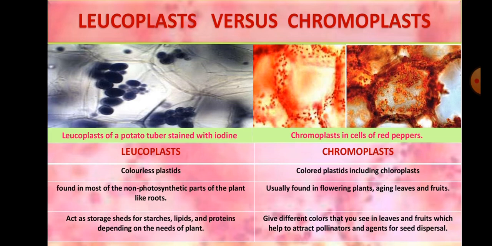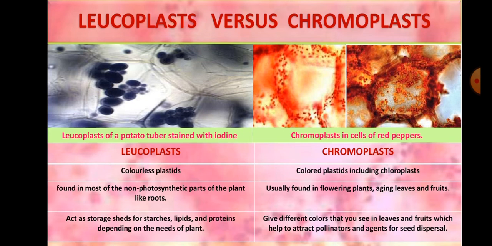So underground roots and underground shoots will be where you find these leucoplasts. And in the case of chromoplasts, all the flowers, the leaves, the aging leaves, the fruits, all the colored parts of the plants. So that is where you will find chromoplasts.